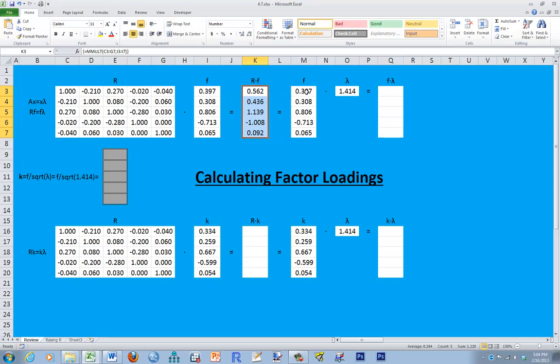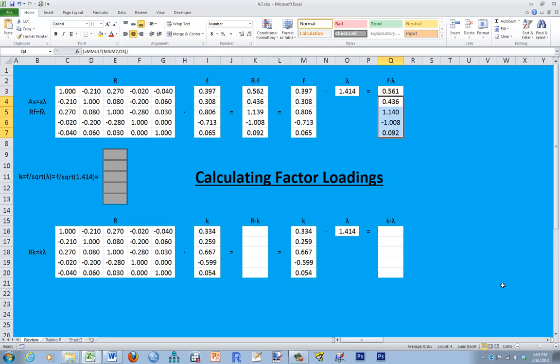Now this is equal to the factor loadings times this constant lambda, and I'll show you that here. Okay, there may be some rounding error, but you see that it's essentially the same.